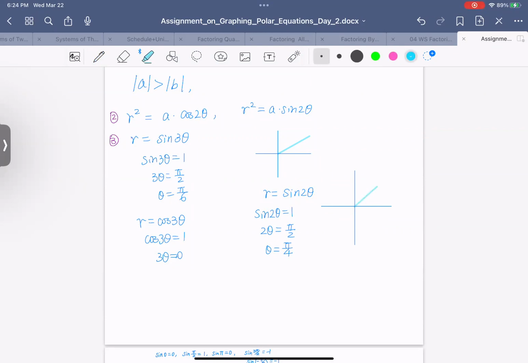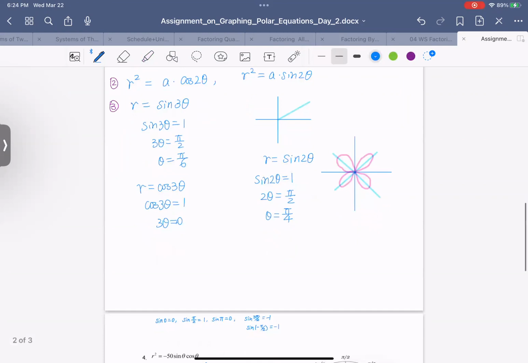So the first direction is here, and then you have the 4 directions evenly distributed over 2 pi. Feels easy now, right? And then let's see cosine 2 theta.